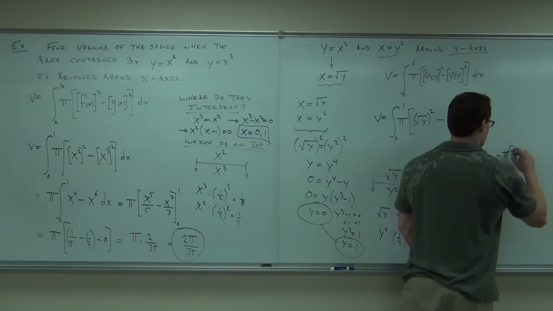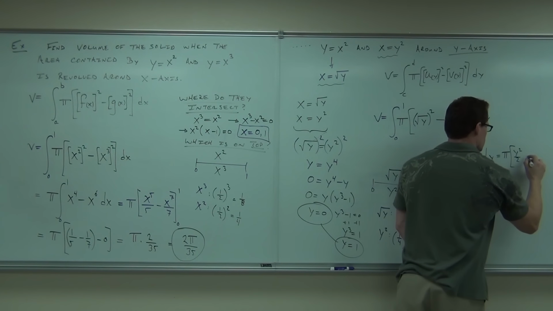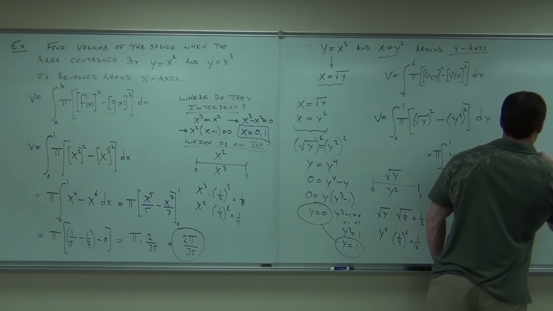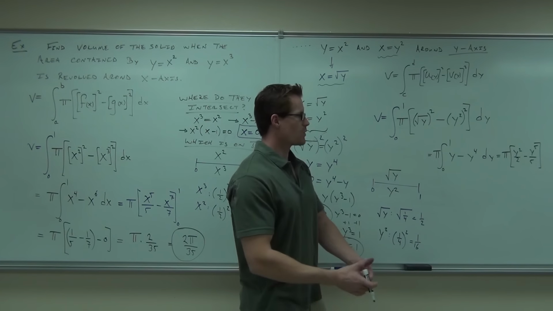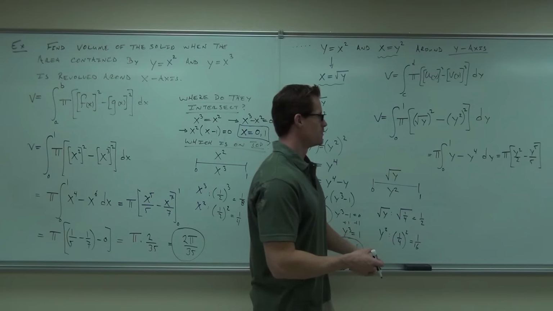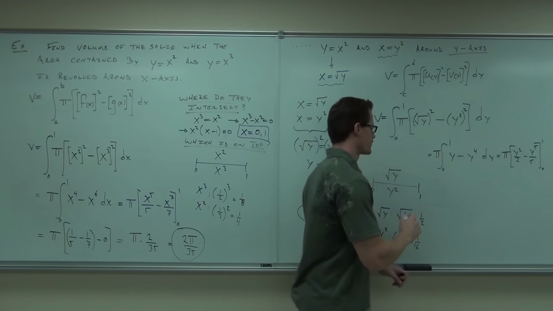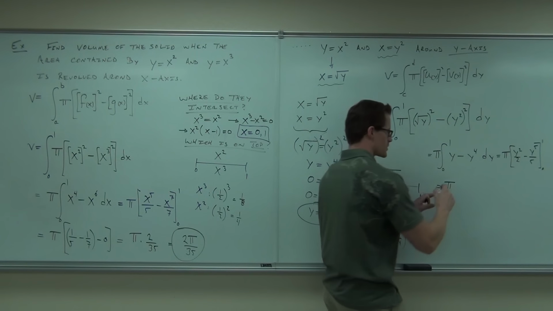We get a pi. We're going to get y squared over 2 minus y to the 5th over 5. And we're evaluating from 0 to 1. Let's plug in the 1 first. That's what it says to do.